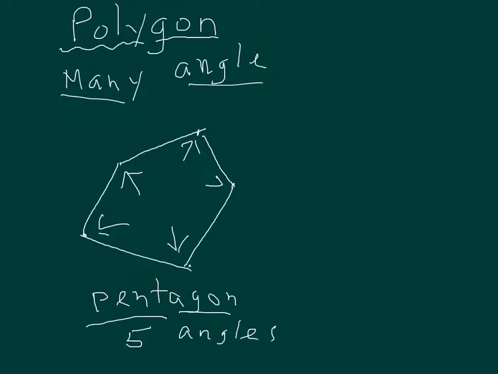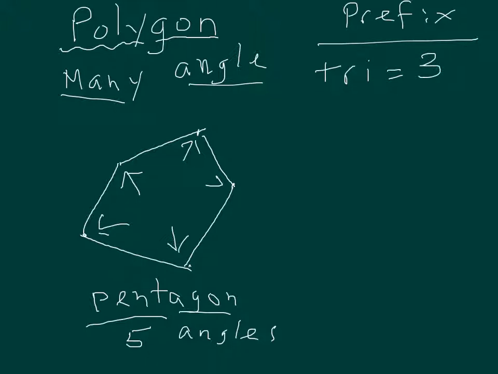So let's think for a second. So we have a triangle. Let's make a little list of prefixes right here. Think about what a triangle is. What does the prefix tri mean in every word? That's right, 3.